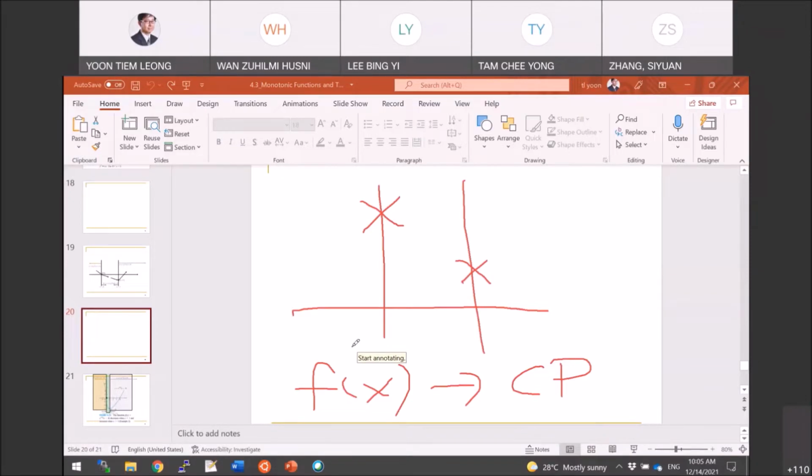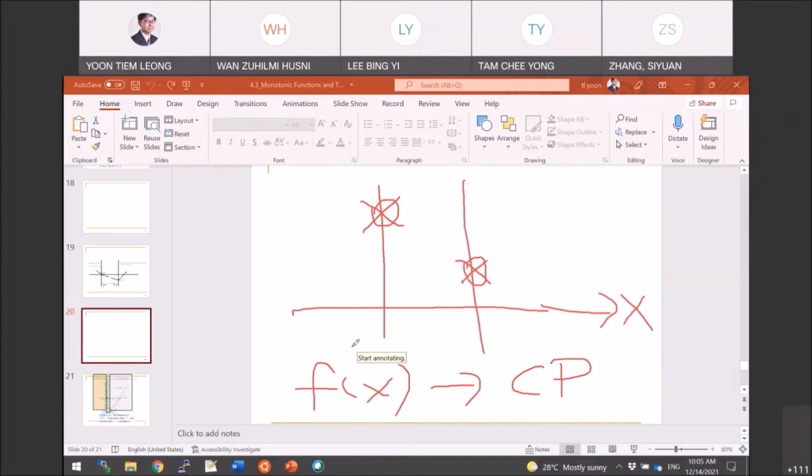If, for example, there are two critical points, first is CP1, which is this one, and there's this one. Then you separate the function into regions that are separated by the critical points.